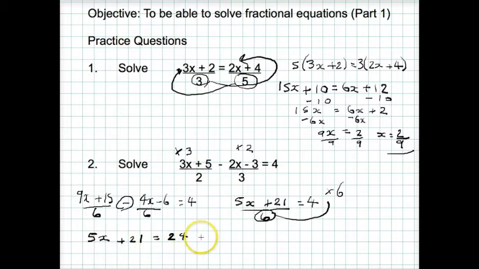And then simple equation here, if I take the 21 away from both sides, I'm going to be left with 5x equals 3. So if I divide both sides now by 5, I'm going to be left with x equals just 3 over 5 and leave it as a fraction.